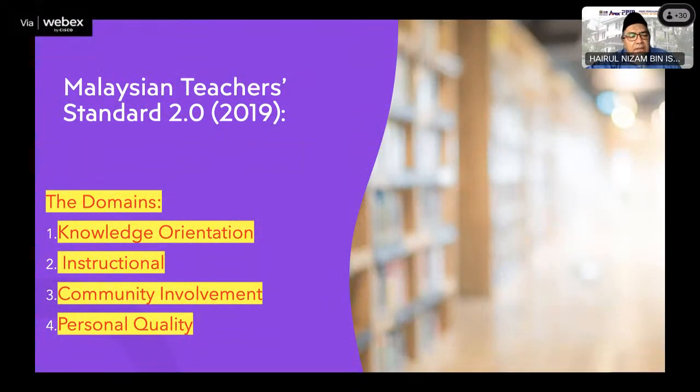Then in 2019, the ministry came up with another standard, which we call standard 2.0. Now we have one additional number, but some domains are also different compared to the first one. The main domains of this Malaysian teacher standard 2.0 are knowledge orientation, instructional, community involvement, as well as personal quality.